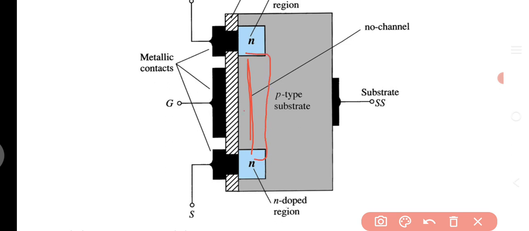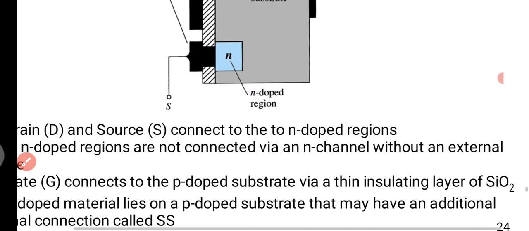But by applying voltage to the gate and voltage between drain and source, depending on that we can create the channel. This channel will exist temporarily between the source and drain in case of enhancement mode, but the channel exists permanently in case of depletion mode of operation. Now we are going to study the enhancement mode.